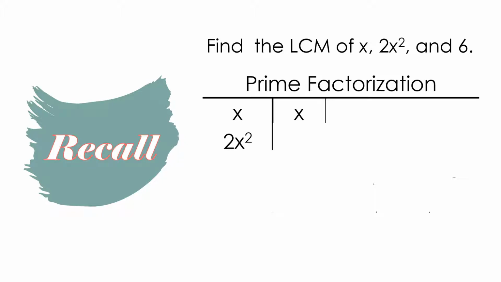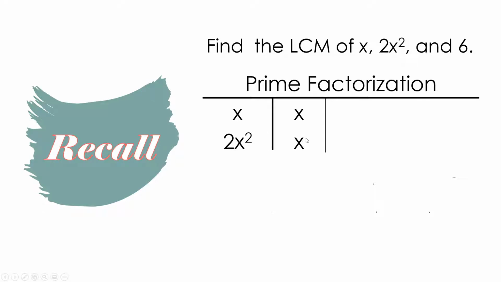Take note that on the first number we have x. Now the question is, is x a factor of 2x squared? The answer is yes, because when we divide 2x squared by x, there is a specific expression that can be derived. So x is a factor of 2x squared.